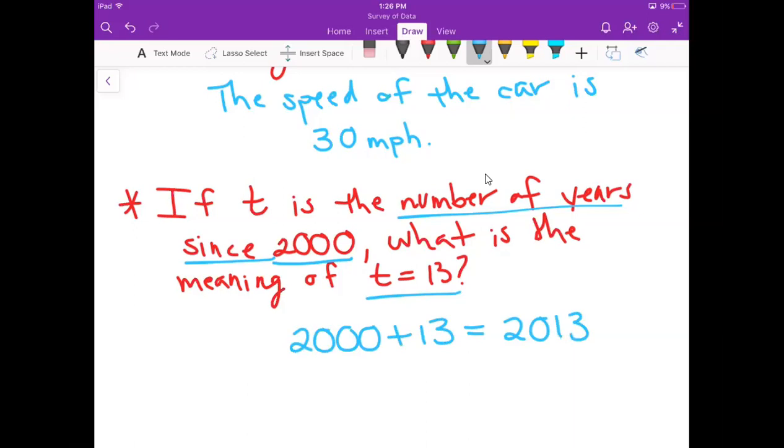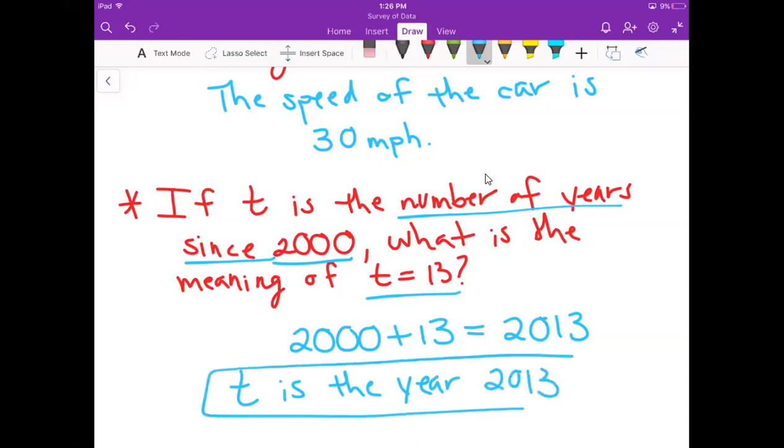So we're talking about the fact now that T equal to 13 means T is the year. Now that we've set it to be a constant, T is now the year 2013. And that's our final answer there.